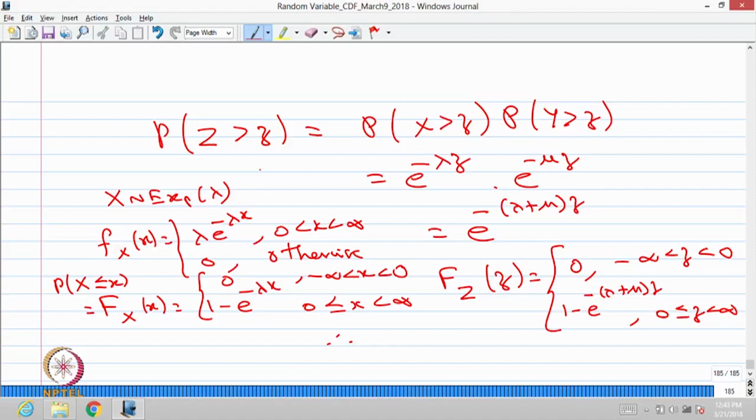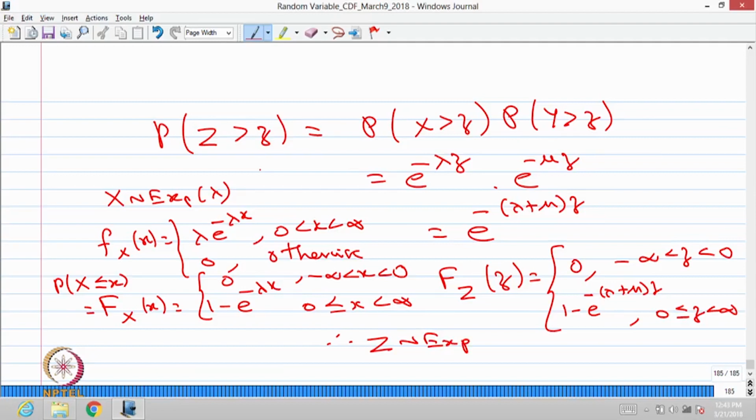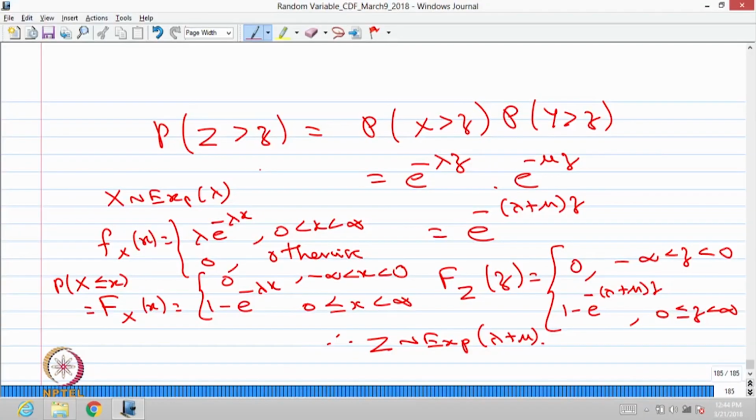Therefore, Z is also exponentially distributed, with the parameter lambda plus mu.